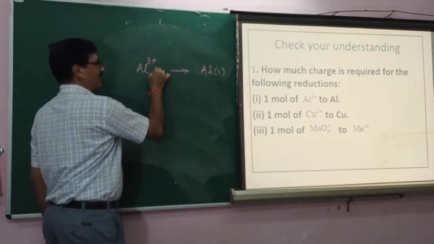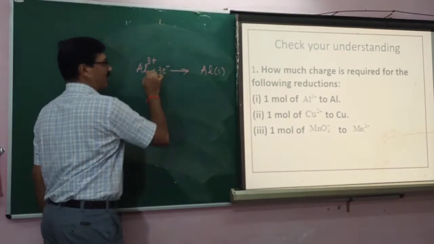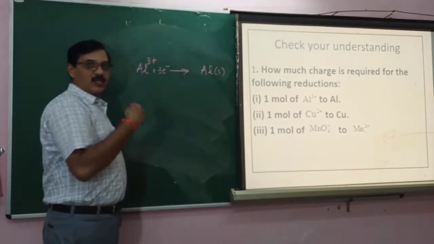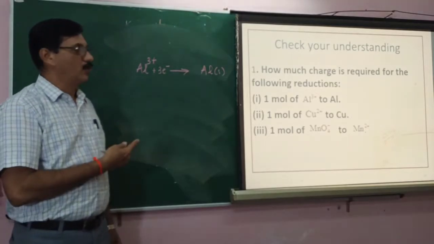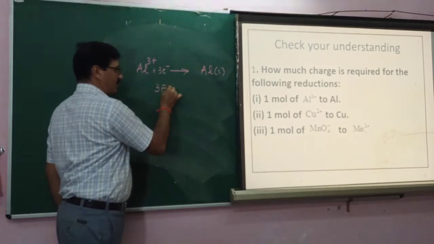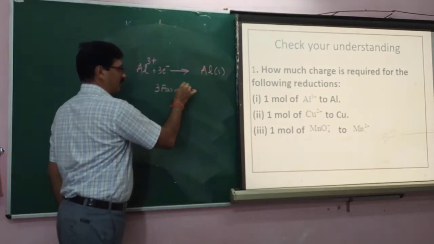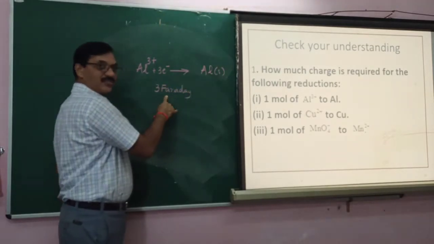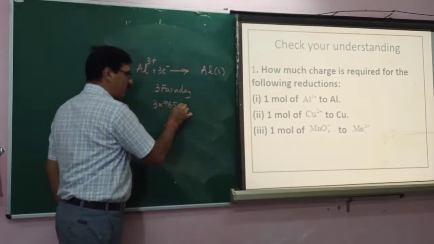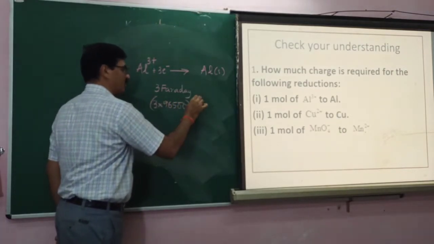Now to neutralize, electrons are involved; it needs 3 electrons. Once you are able to write this, you have solved almost half of the question. 3 electrons is 3 Faraday of charge, if it is asked in Faraday, or 3 into 96,500 coulombs of charge.